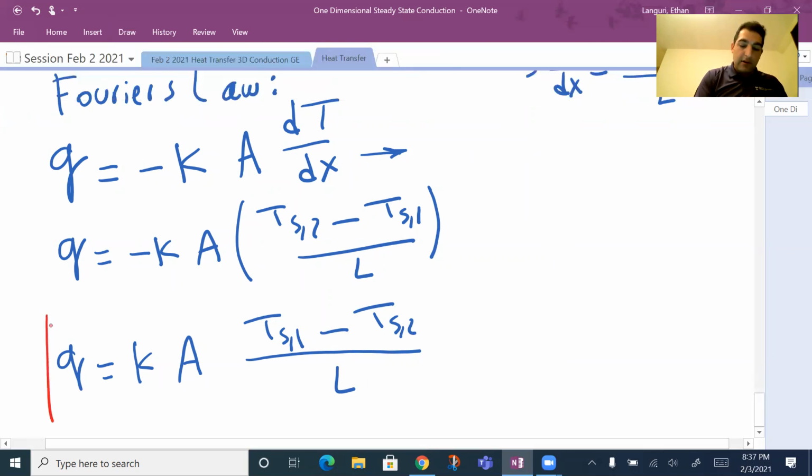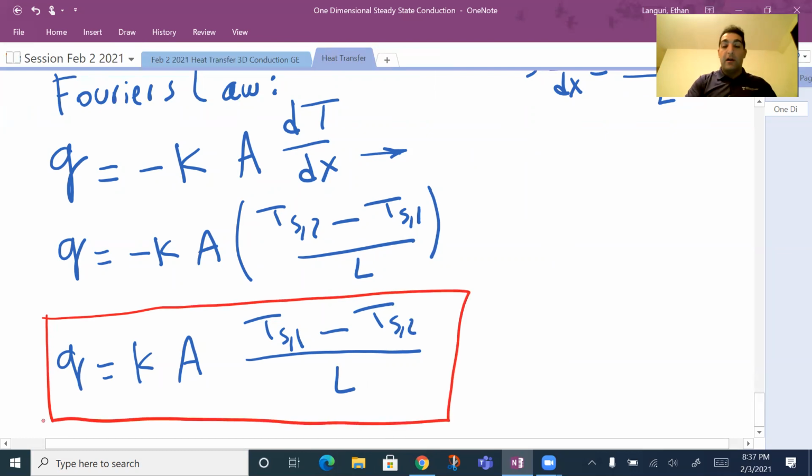So this is another way to form Fourier's law inside the plane wall.